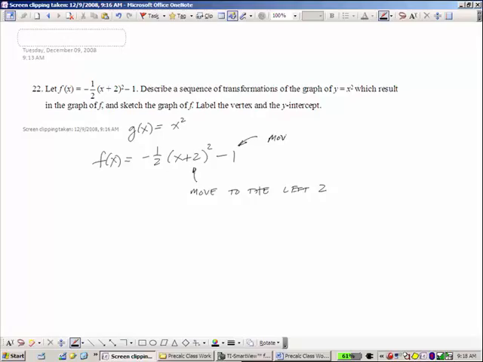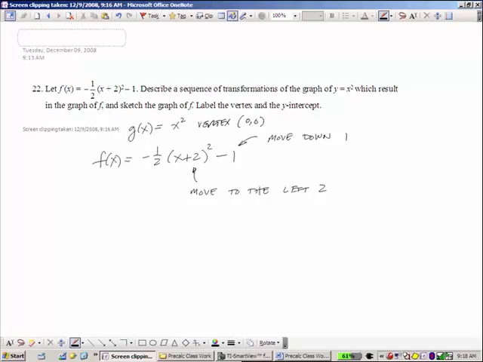Okay. Move down 1. As a matter of fact, it seems to me like the 2 and the 1 are actually telling me something about the vertex. Does that sound right? What was the vertex for x squared? 0, 0.